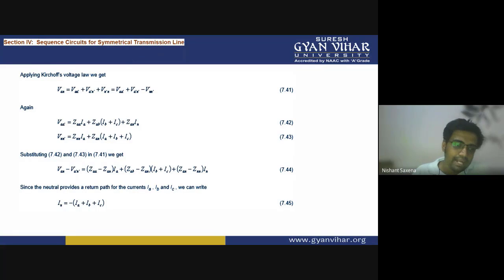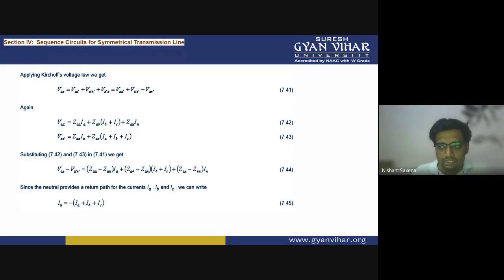We will get that the voltage VAN minus VA dash N dash is equal to the difference between the self impedance and the neutral impedance terms, with the individual currents in the phases.